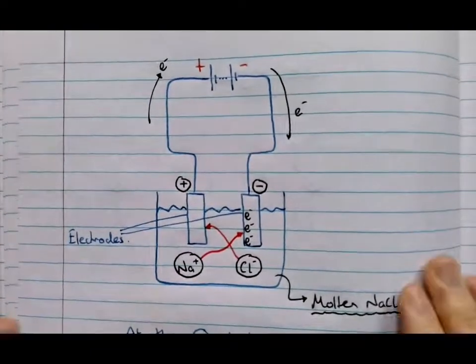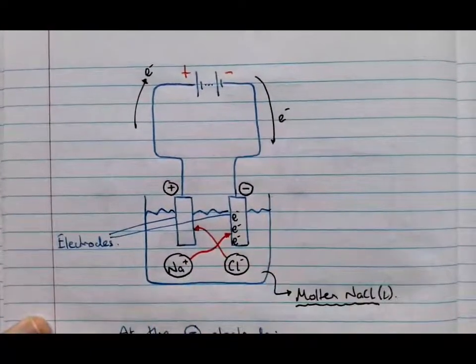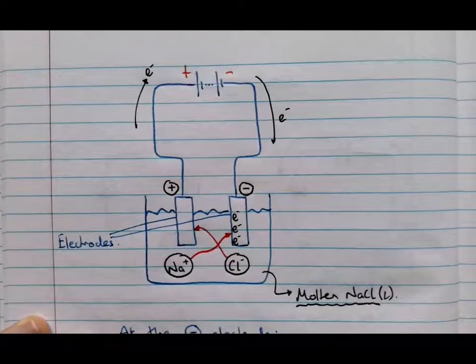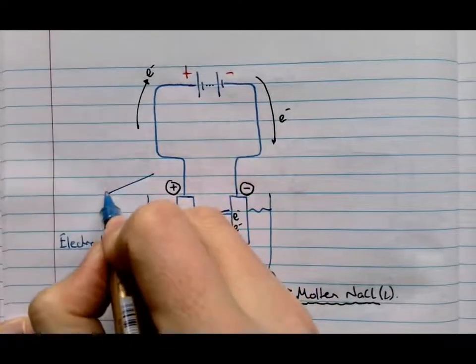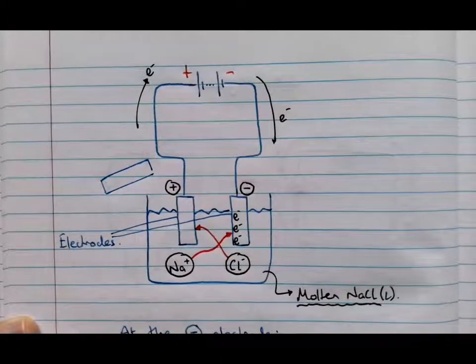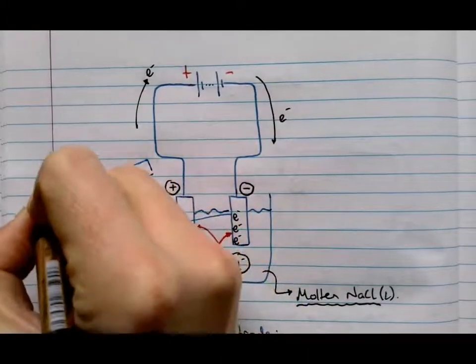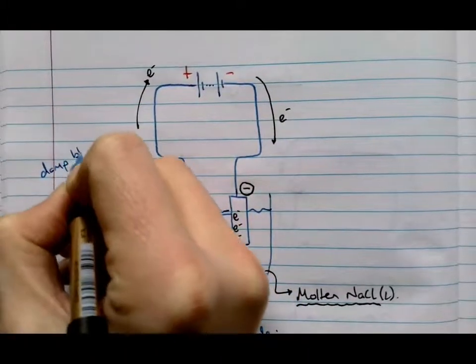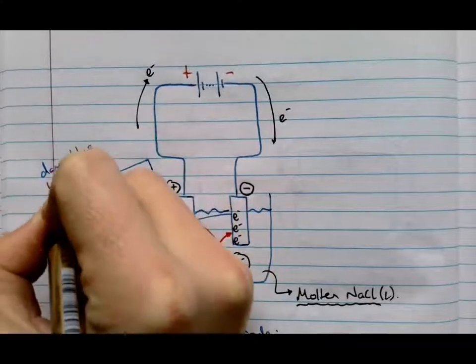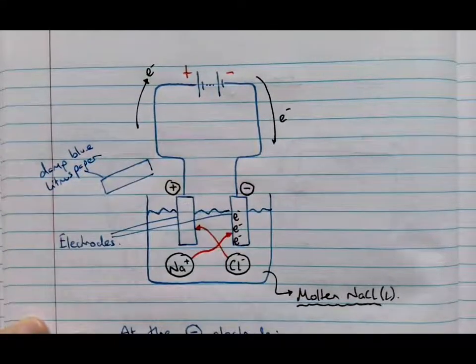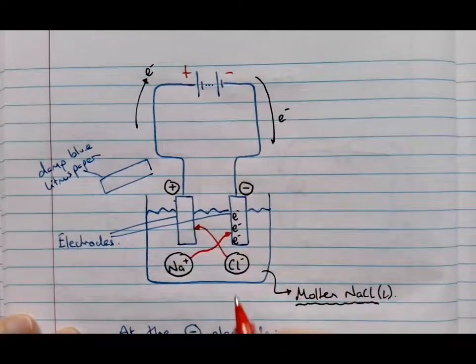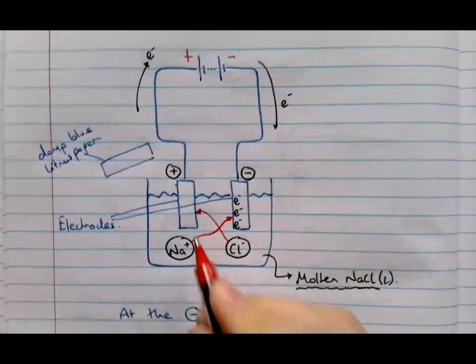So if you were to have here your damp blue litmus paper, what happens is, because Cl minus is coming up here, and this reaction at the bottom produces Cl2, we get chlorine gas coming off.